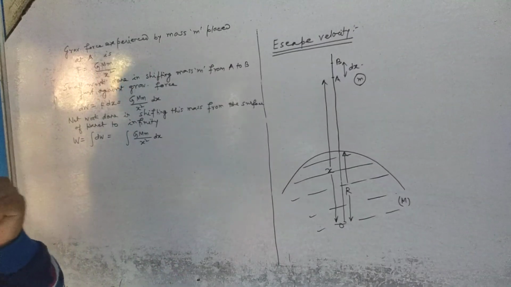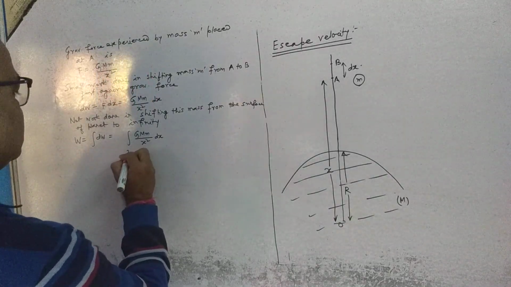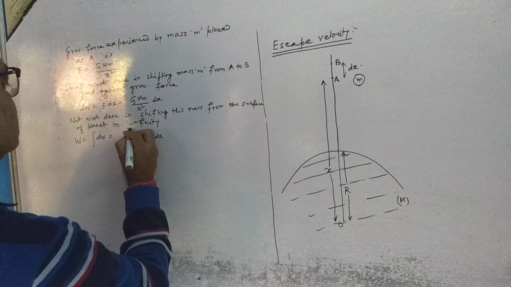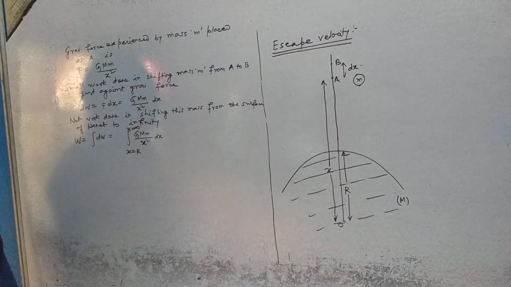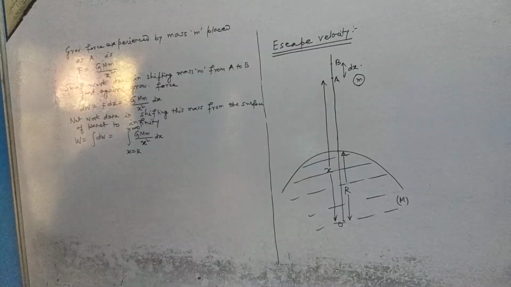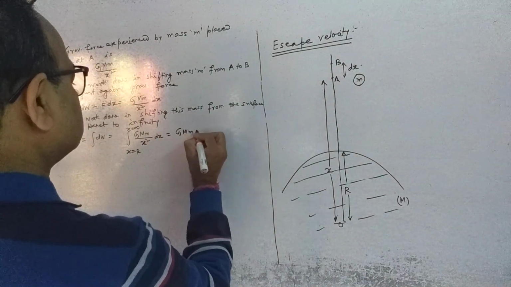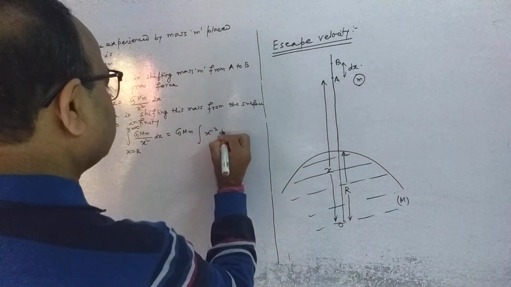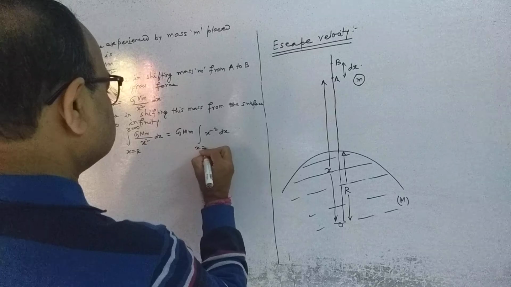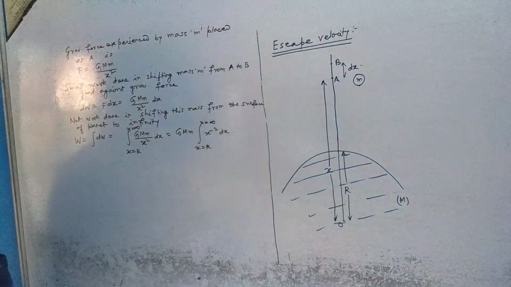और इंटीग्रेशन के लिए वेरिएबल कौन सा है? x is the variable. x का वैल्यू कहां से कहां रेंज करेगा? From x is equal to R to x is equal to infinity. That means G capital M into small m integration of x to the power minus 2 dx, x is equal to R to x is equal to infinity.